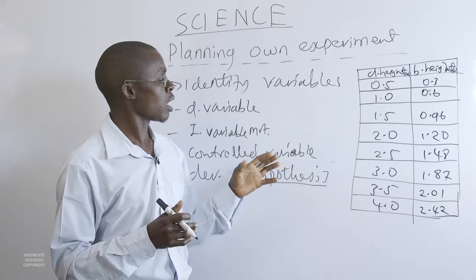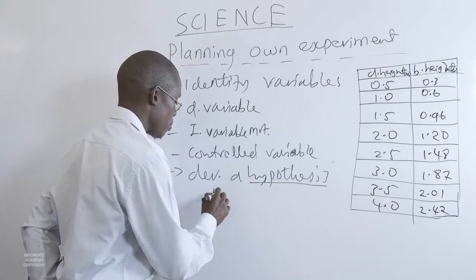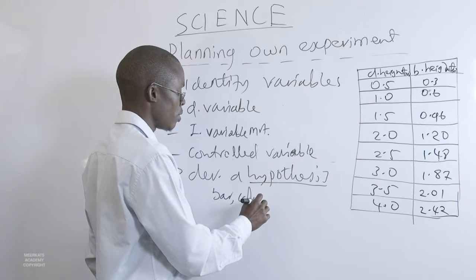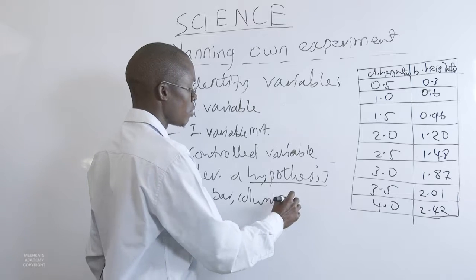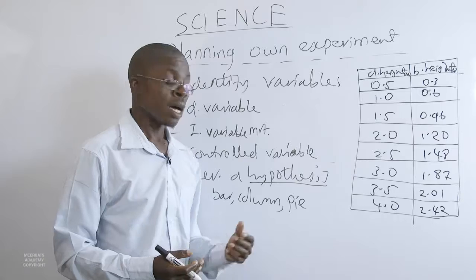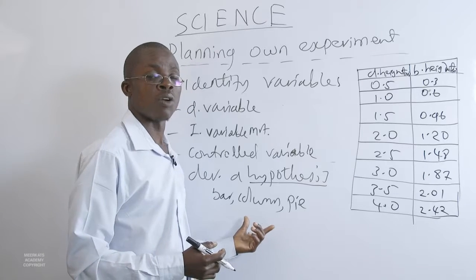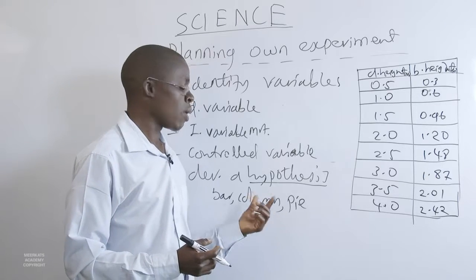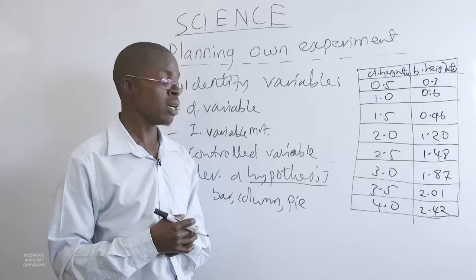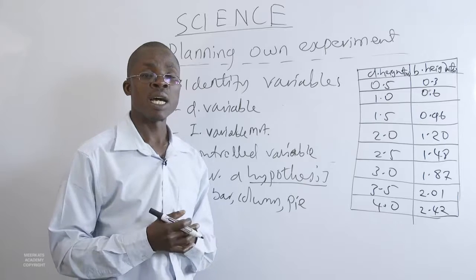When you are talking about a bar graph, we also had the column graph, and we have the pie graph. These graphs can only work when one of the variables you choose is a discrete one.